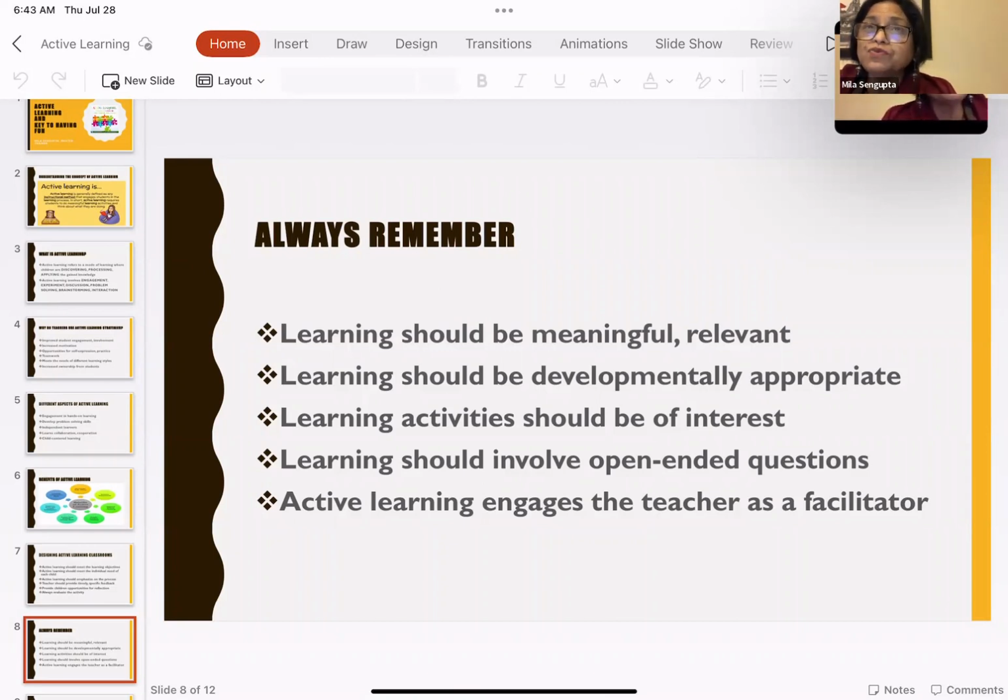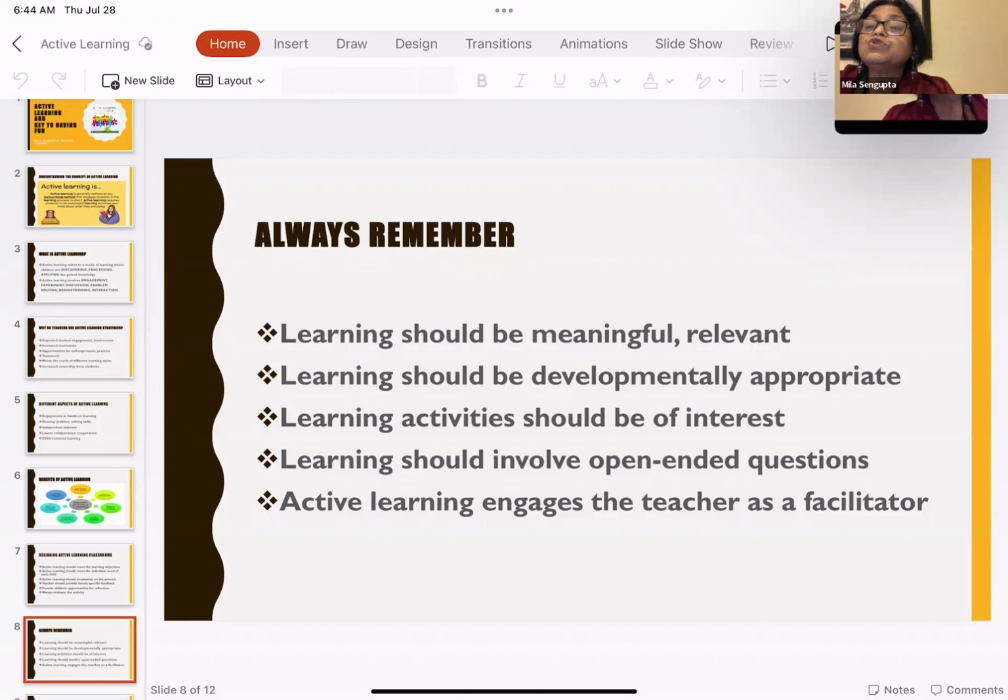And you have to use some form to measure their development and progress. So it is very important that you always remember that their learning should be active, meaningful to them, relevant to them, and developmentally appropriate.